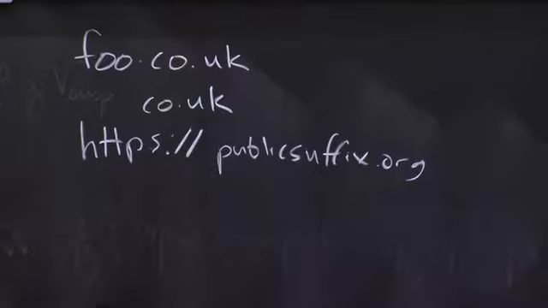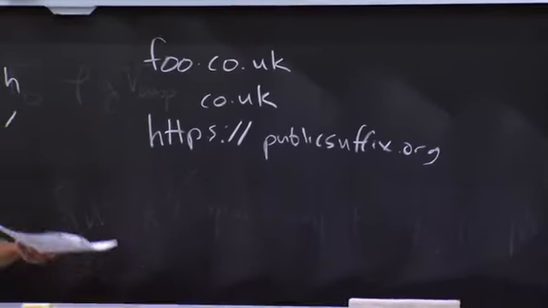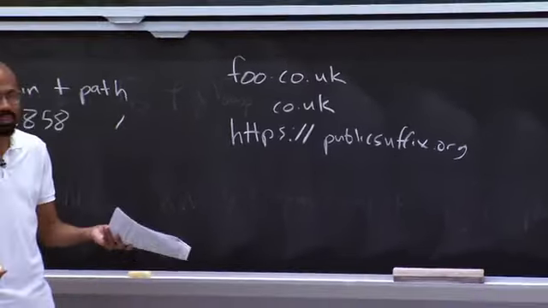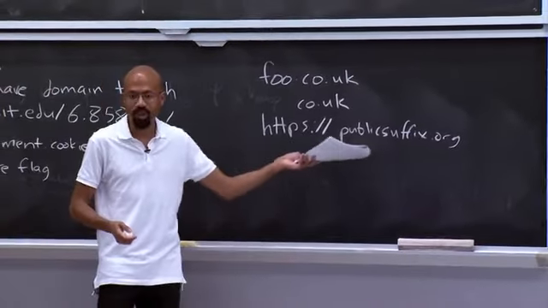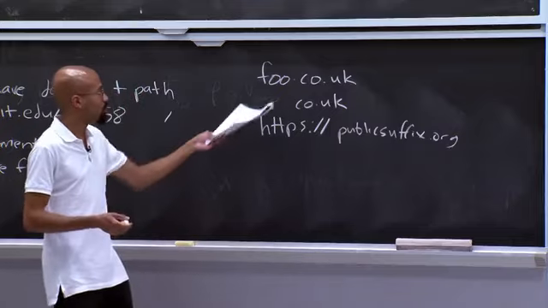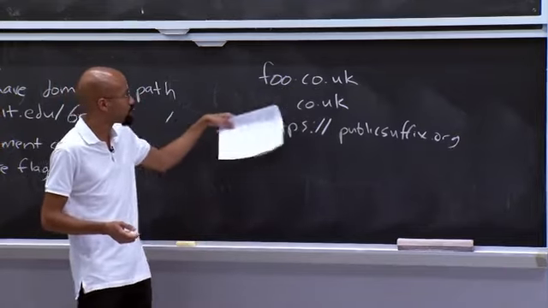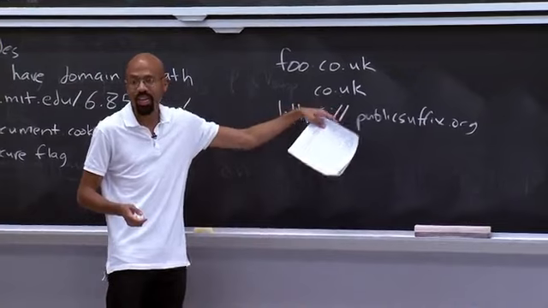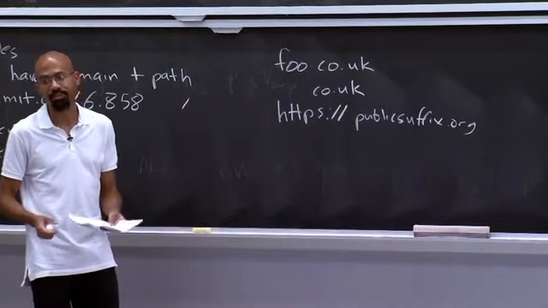So when your browser is figuring out how it should do all these various cookie manipulations, it's going to consult this site, or have this baked in somehow, to make sure that foo.co.uk can't just shorten its domain to co.uk and then perform some chicanery.